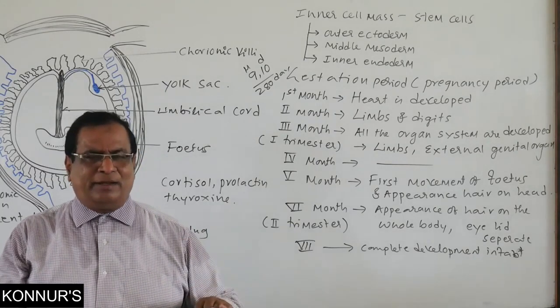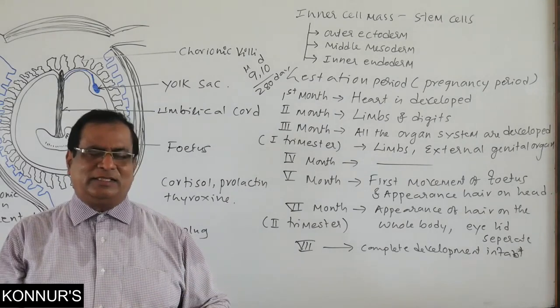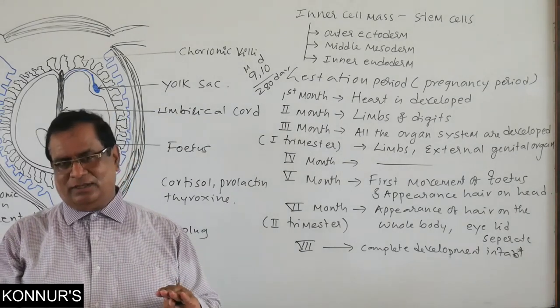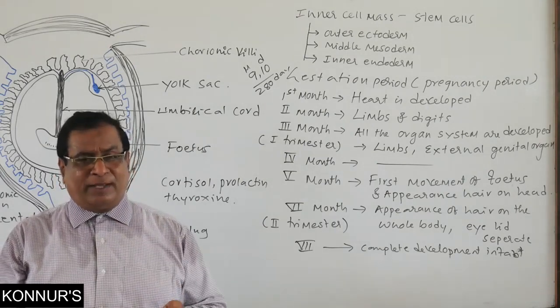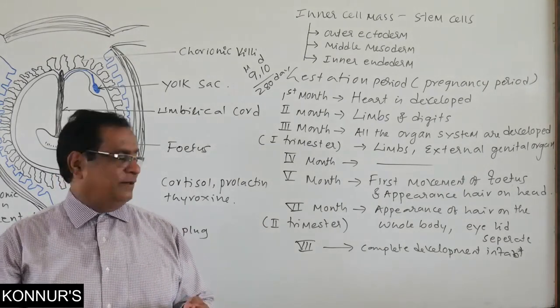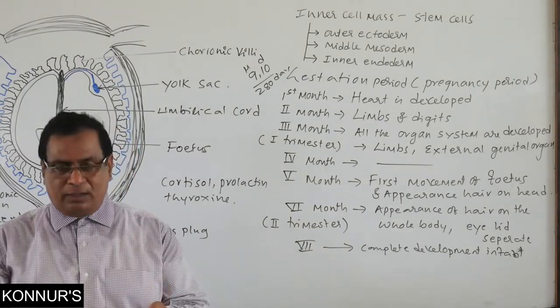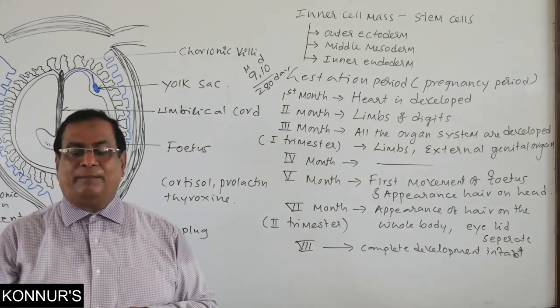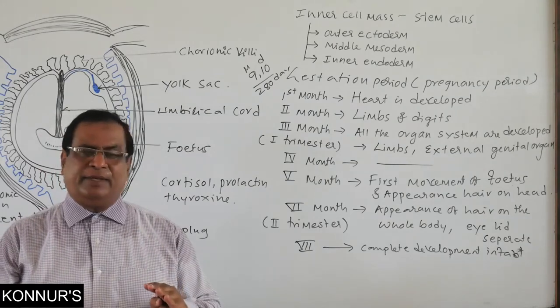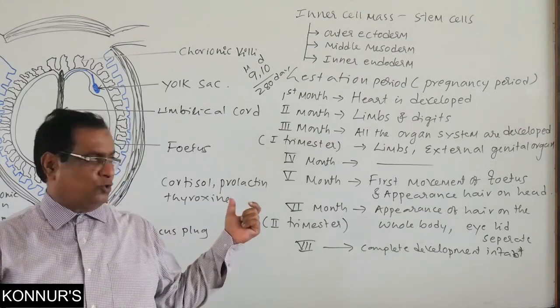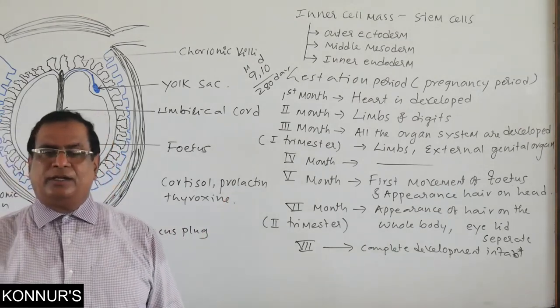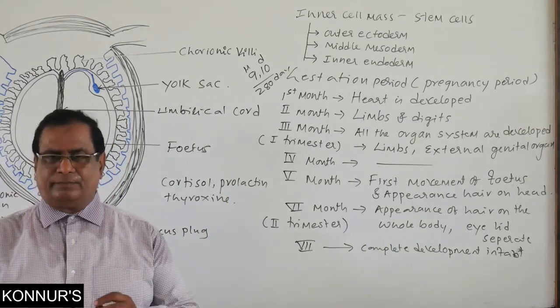Then it remains in the uterus as if in an incubator, and the uterus is a natural incubator. A premature delivery may take place during 7 months or the 8th month, but the proper delivery timing is 9 months, 10 days, by which time the total development of the fetus has taken place.